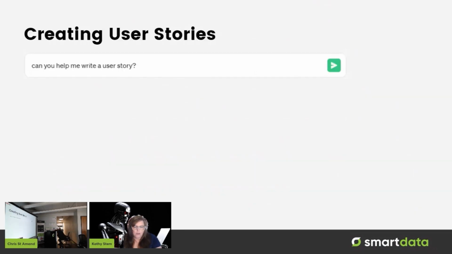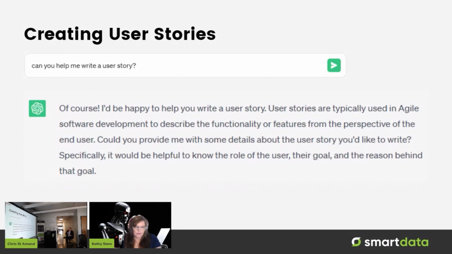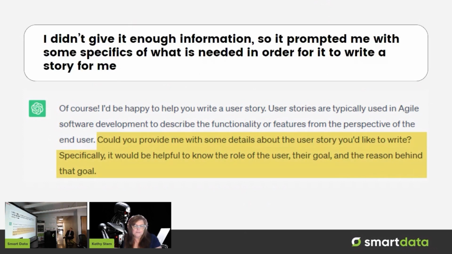So in this example, I started out with a very simple prompt asking ChatGPT just to help me write a story. I got a response that, very unsurprisingly, asked me for some more detail. It specifically asked me for a user role, their goal, and the reason behind the goal.